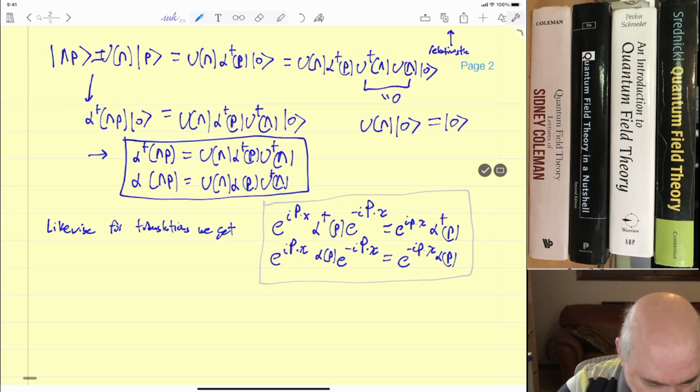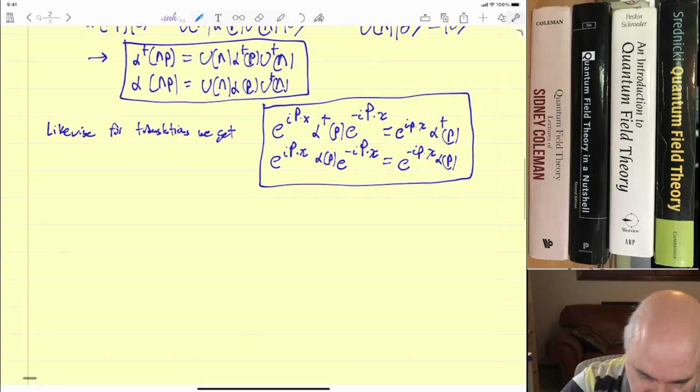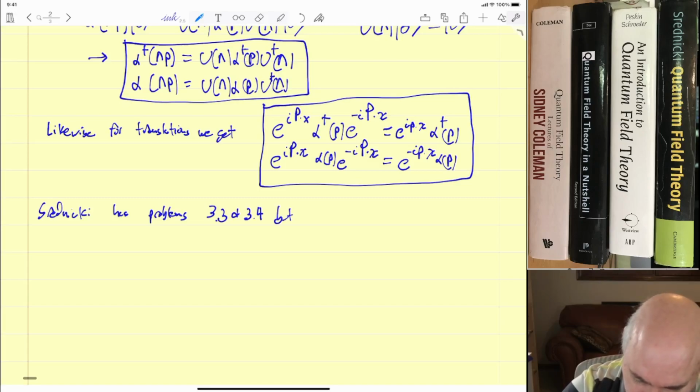Schwartz has problems in his book at the end of chapter 3, 3.3 and 3.4, where he derives these transformation properties, but he's proceeding in a different order.